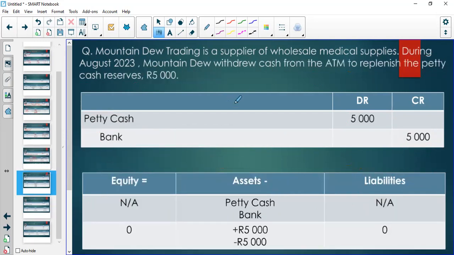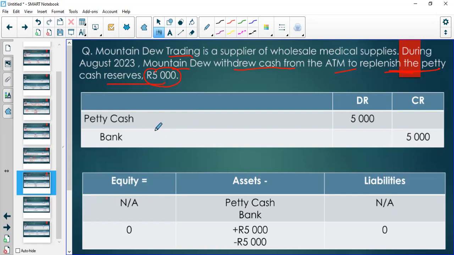And so what happened is that Mountain Dew, the company we're talking about, withdrew cash from the ATM so that they can replenish the petty cash reserves. So they withdrew 5,000. Now in this case, they withdrew from the ATM. All right, maybe they send a messenger. The messenger withdraws the money with the card.